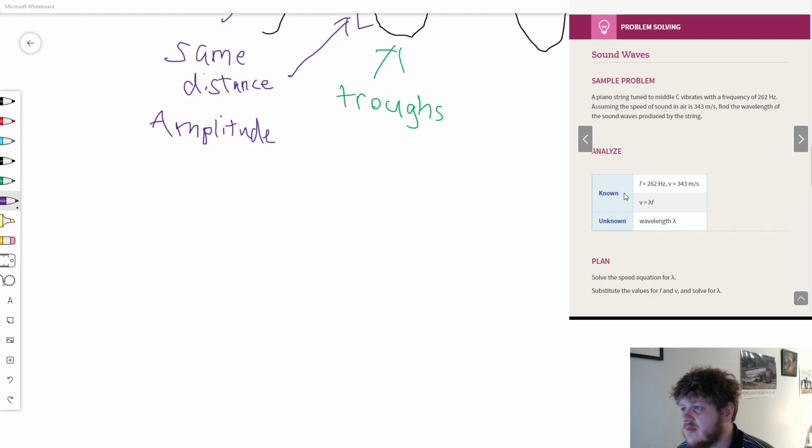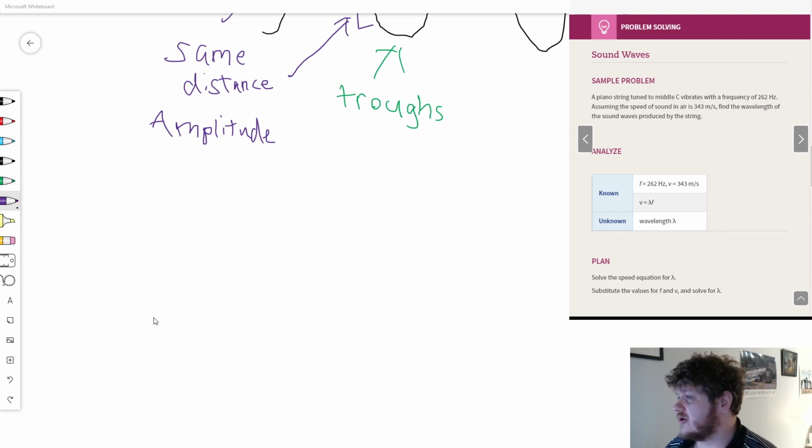We have a piano string tuned to middle C that vibrates with a frequency of 262 hertz. Assuming the speed of sound in air is 343 meters per second, which is usually at room temperature, the speed of sound in air is 343 meters per second. Also, that's how fast a jet needs to travel to start breaking the sound barrier. It needs to be going at least 343 meters per second.